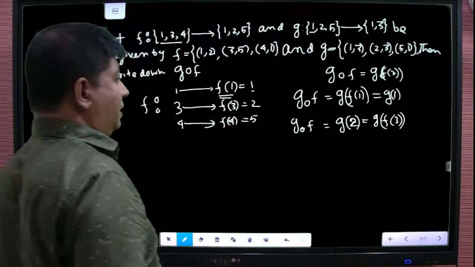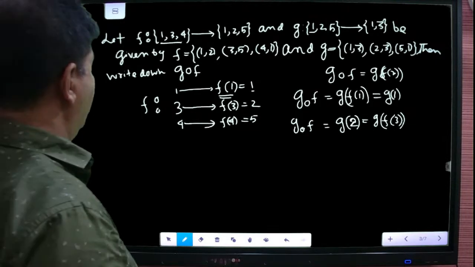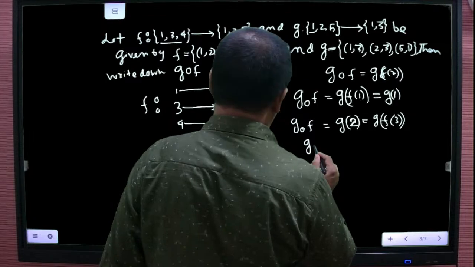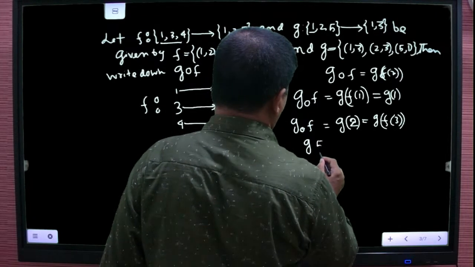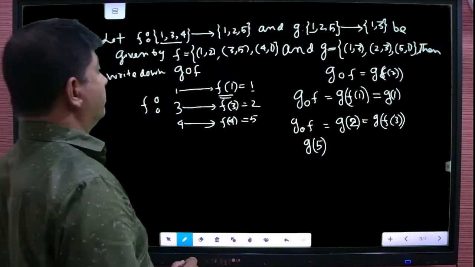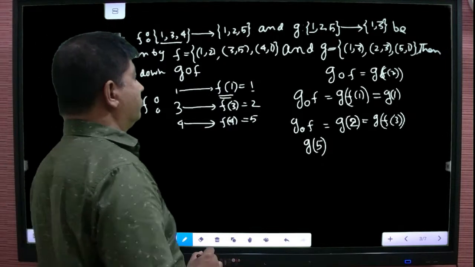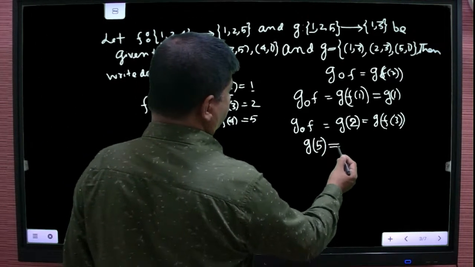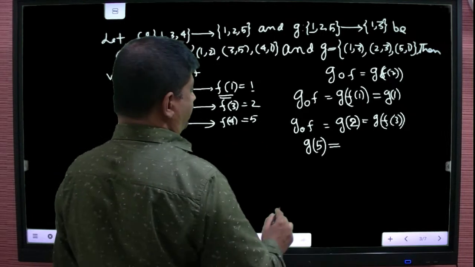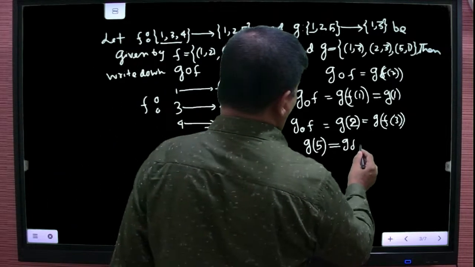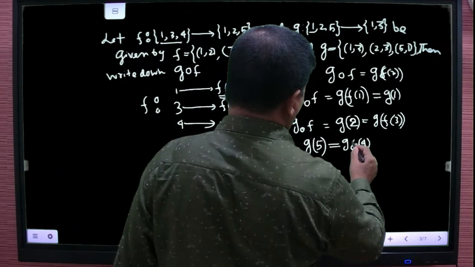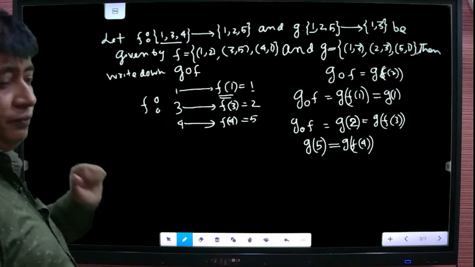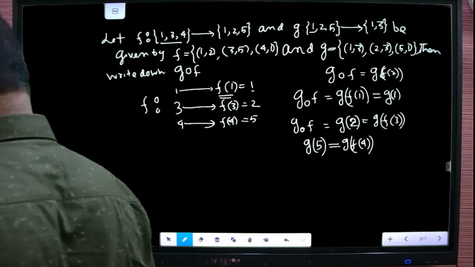G of F3 and g of 5, g of F4. So this is actually the concept of GOF.